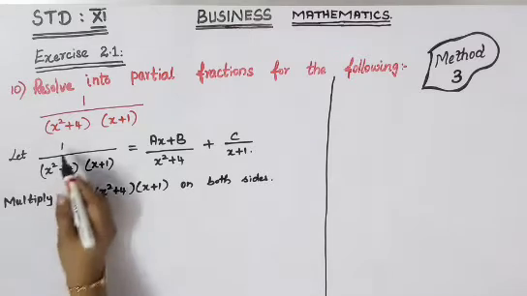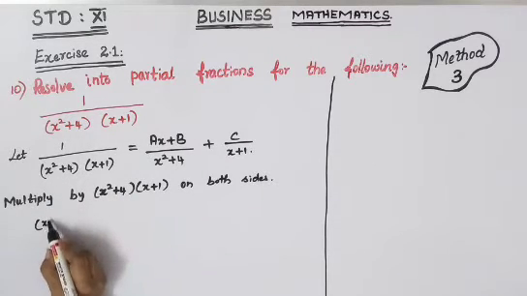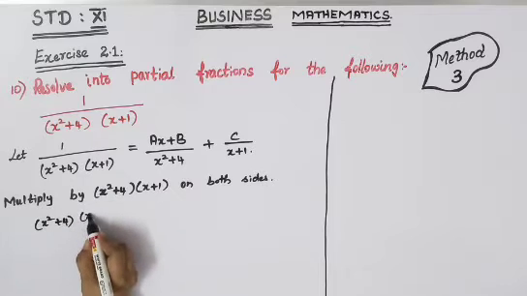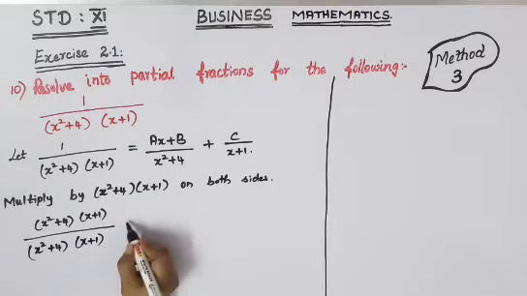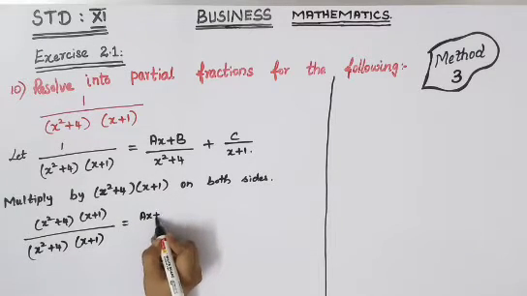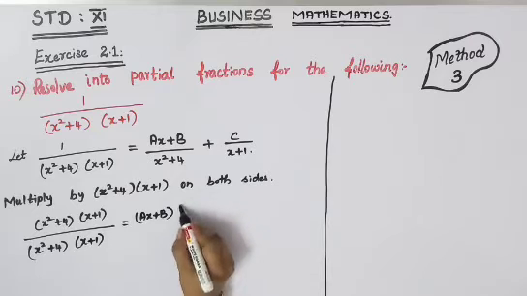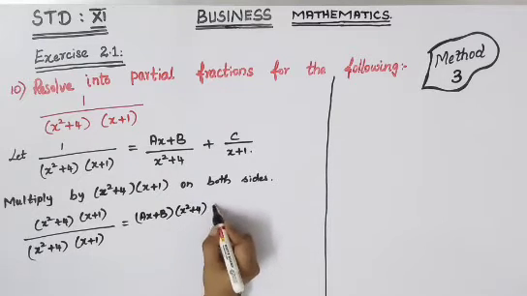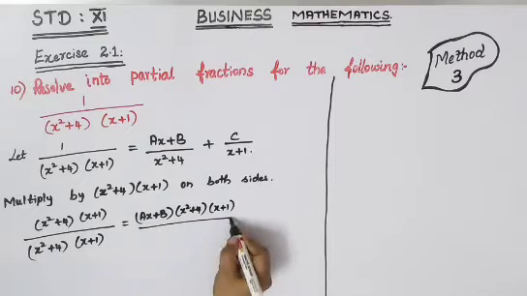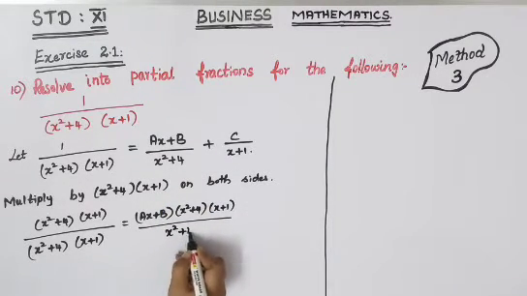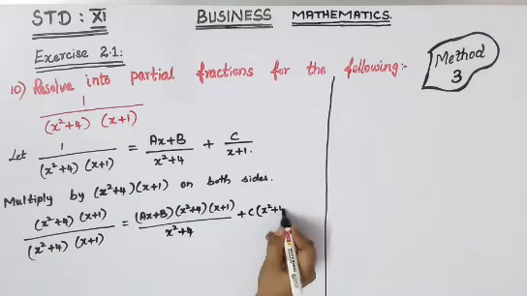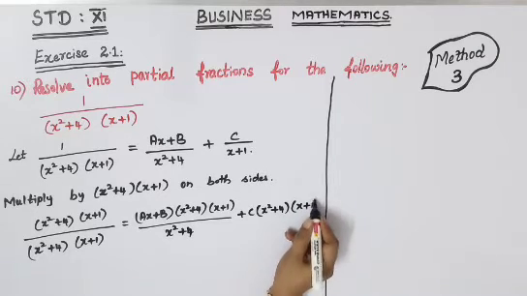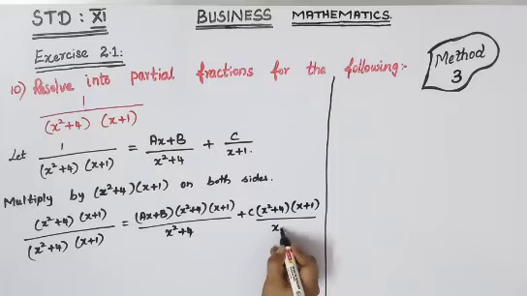So your left hand side is 1, so you multiply (x square plus 4) into (x plus 1) divided by your denominator as it is, (x square plus 4) into (x plus 1), which is equal to, here ax plus b we have got, into these two terms you have to multiply, so (x square plus 4) into (x plus 1) divided by your denominator x square plus 4, plus c into, again these two terms you have to multiply, so (x square plus 4) into (x plus 1) divided by this denominator x plus 1.